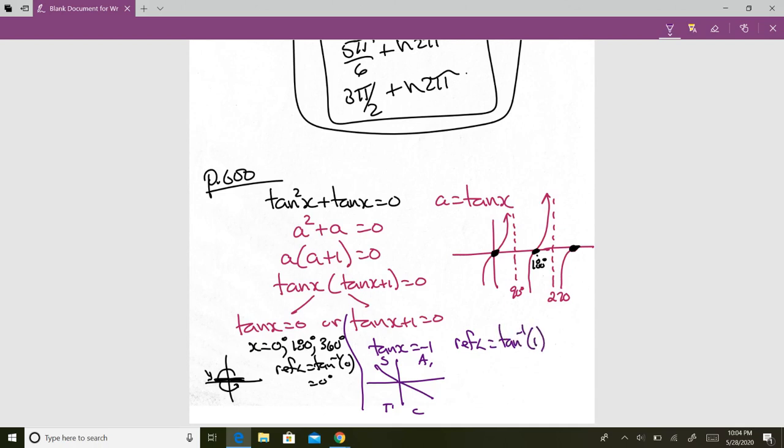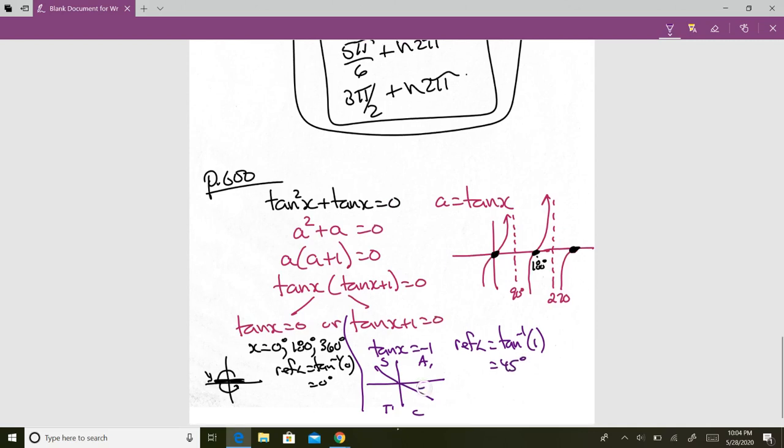Remember, ignore the negative. And you're going to get 45 degrees. So that means x is equal to, rotate to there, 180 minus 45, which is going to be 135. And all the way to there, 360 minus 45 would be 315.